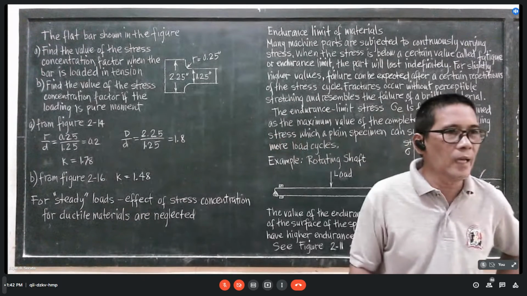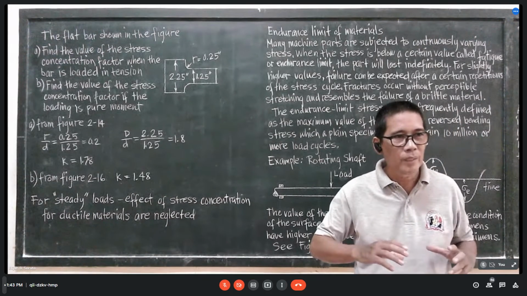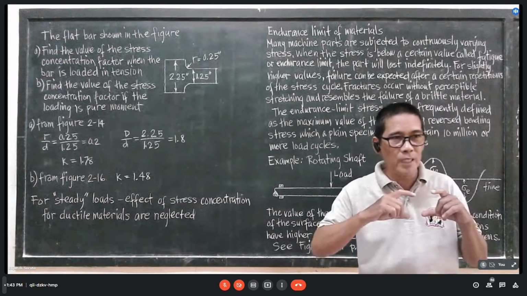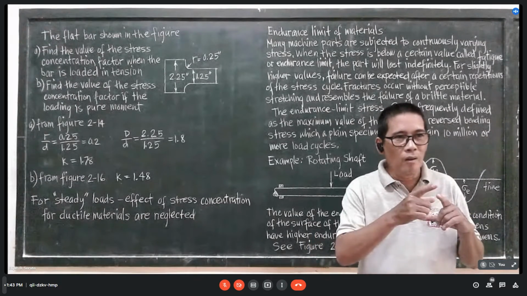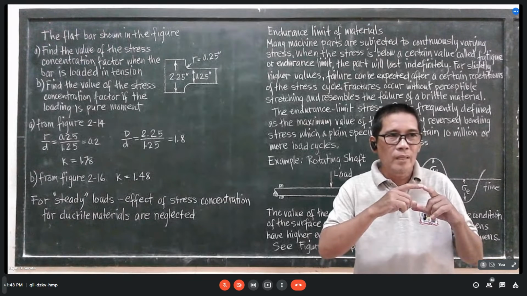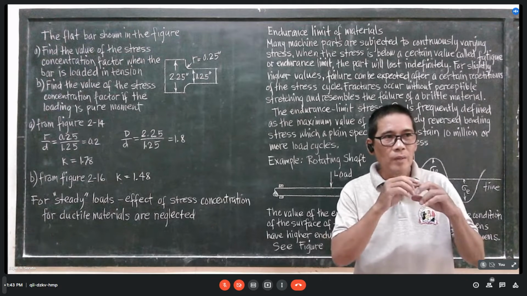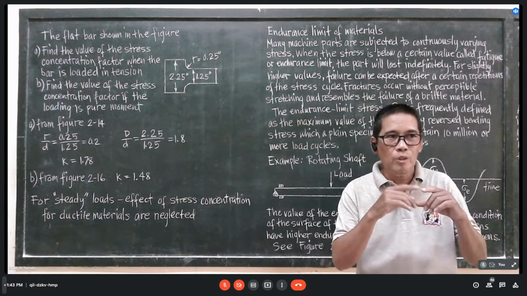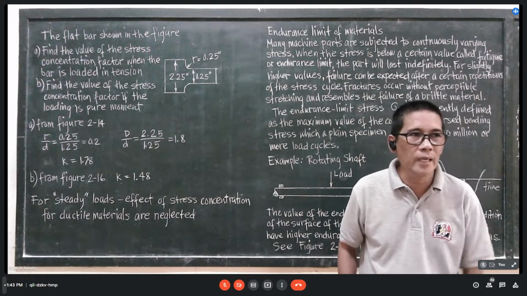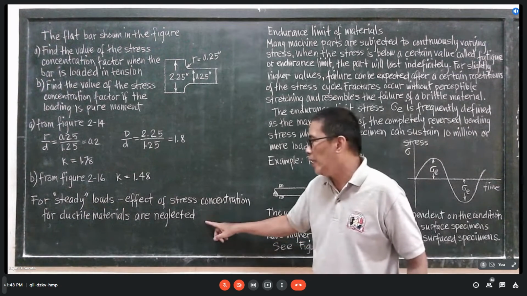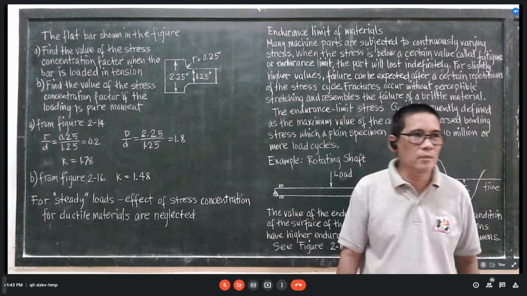Because ductile materials have the ability to be deformed. So at higher stress, they deform, unlike brittle materials. If you have a brittle material and there is a higher stress, it cracks and will not retain its shape, and once it cracks it breaks right away. So that is why for ductile materials and steady load, we neglect stress concentration.